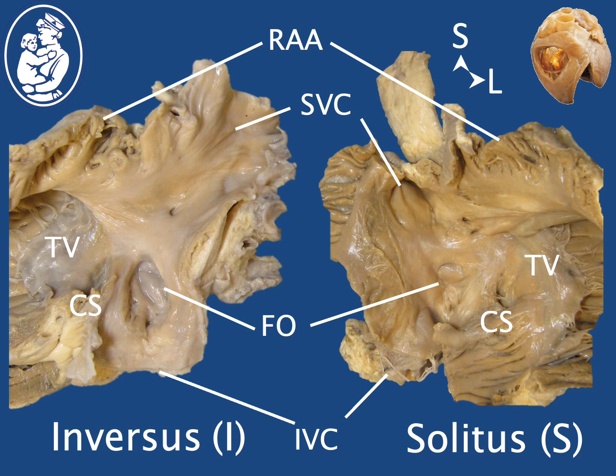In both hearts, the superior vena cava is superior and the inferior vena cava is inferior because there's no superior-inferior change. However, in the situs heart, the superior vena cava courses superiorly and rightward, while in the inverted heart, the superior vena cava courses superiorly and leftward.